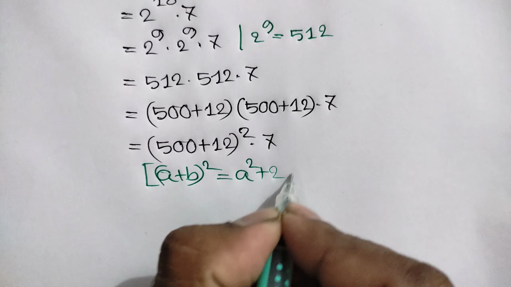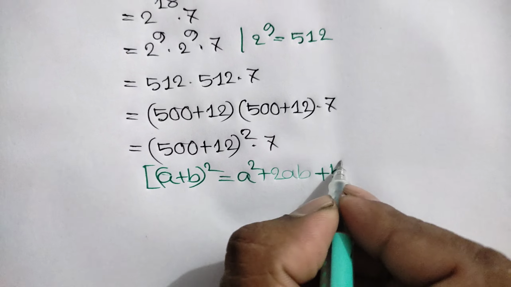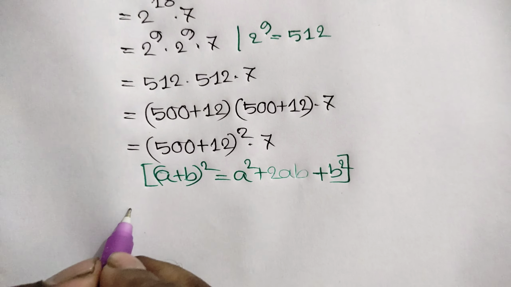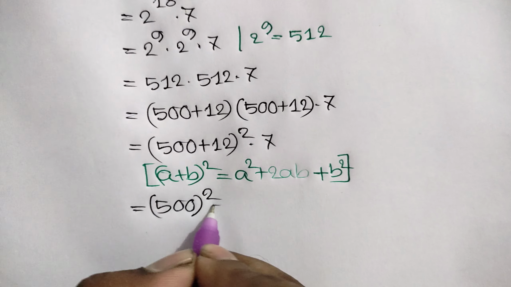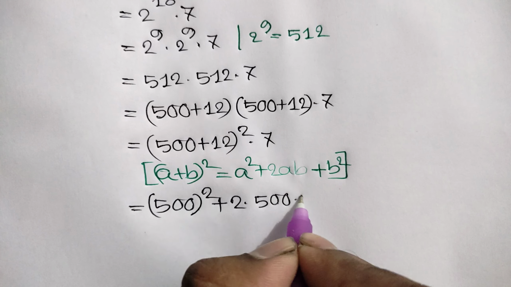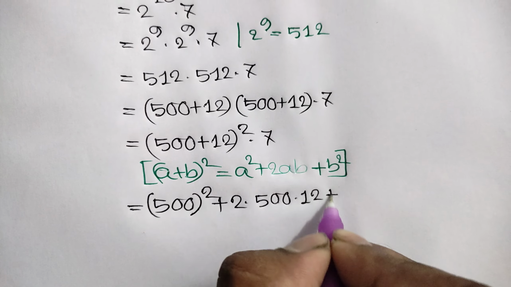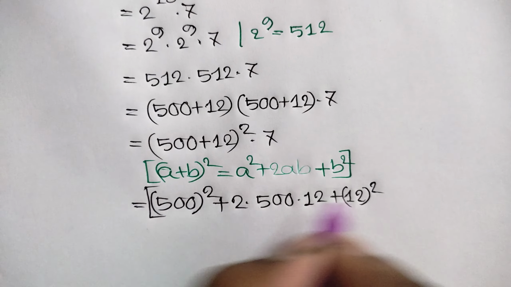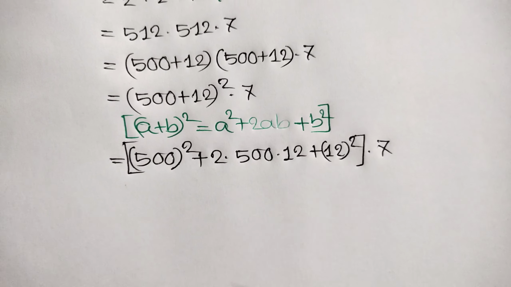plus b squared. Now applying this rule, we can write 500 squared plus 2 times 500 times 12 plus 12 squared, times this 7.